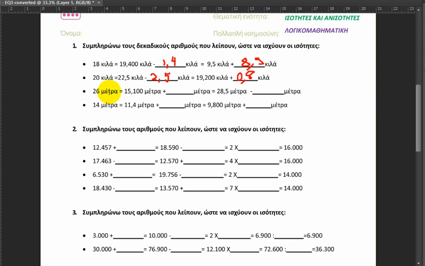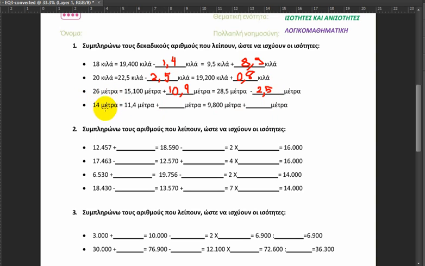Just find the difference. Here, the difference, for example, between 26 and 15.1 is 10.9. And the difference between 26 and 28.5 is 2.5.